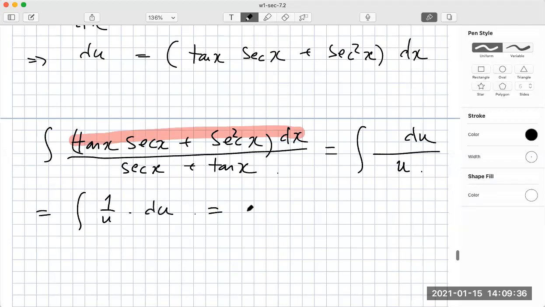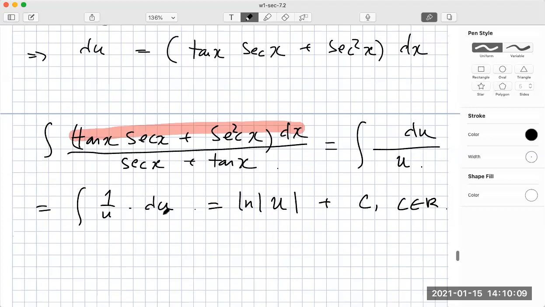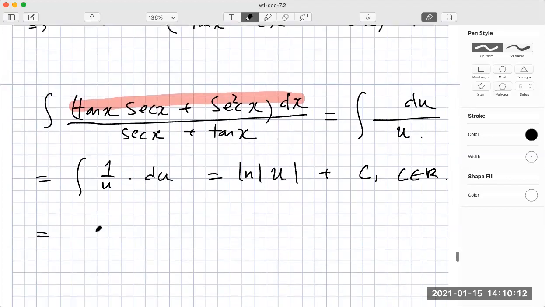And what is the antiderivative of 1 over u? Remember, we are computing in terms of u, right? Here, plus a number c, where c is in R. You can look back at the table to find this simple formula, okay? But is that enough? We need to compute in terms of x, right? The result should be. Therefore, we replace u by the original terms.